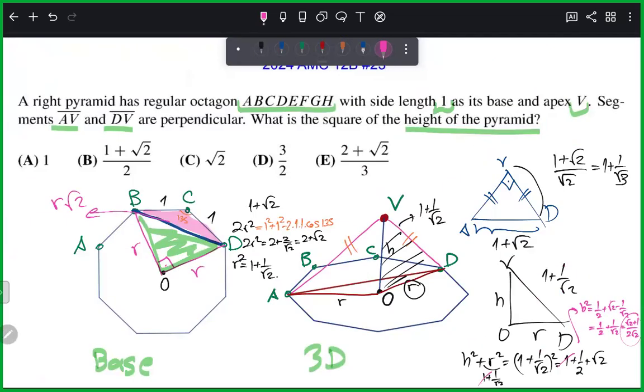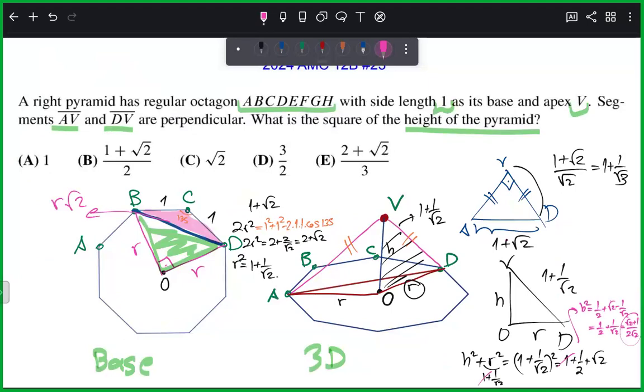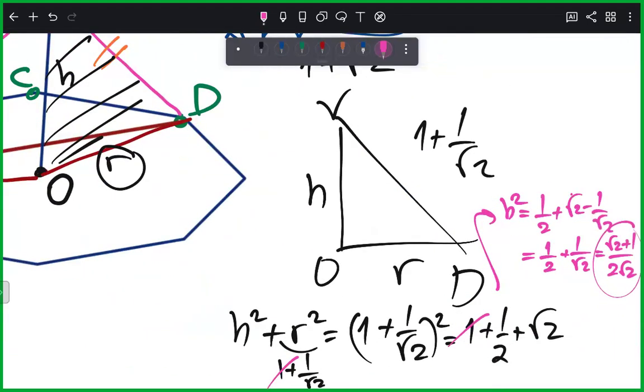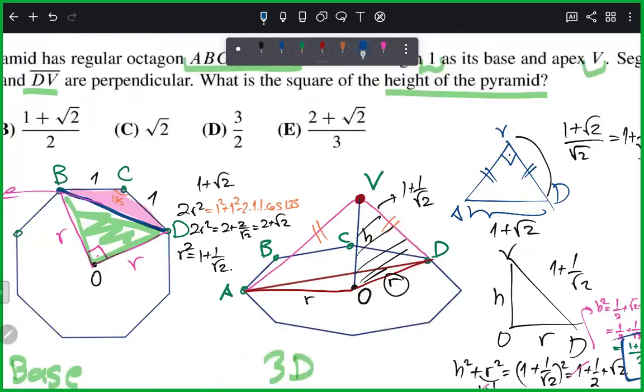Hold on a second. Yeah, I'm sorry, so this equals (1 plus root 2) over 2. And then the answer is B.